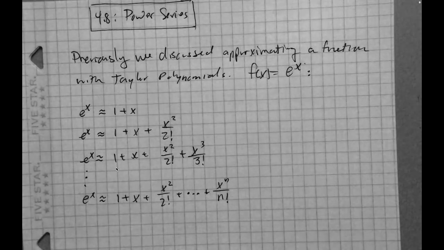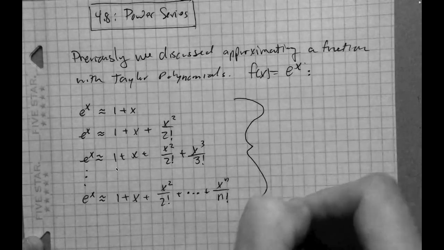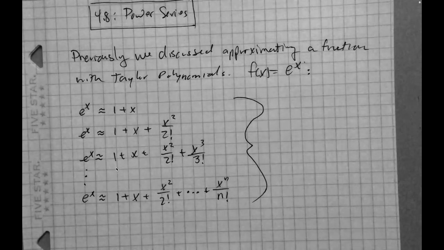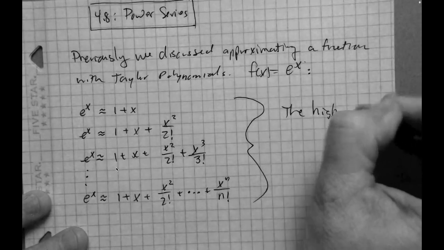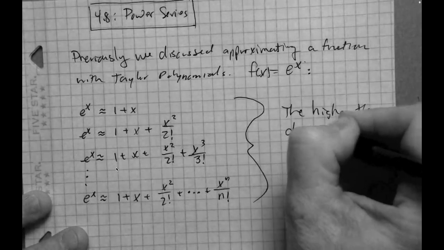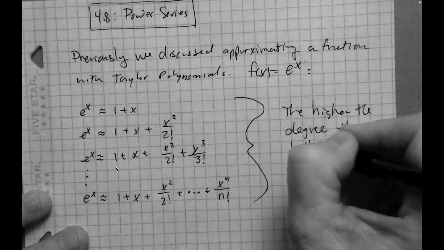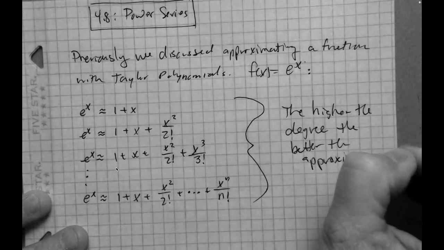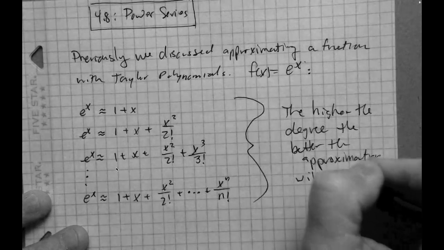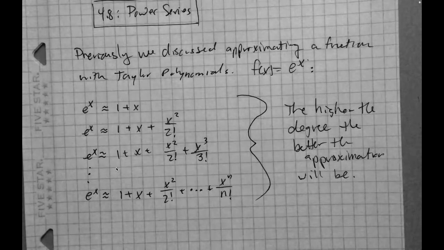And e to the x is one of those functions that when you differentiate it, you get the same function back, so in theory we could have an enormous number of these. And we said that the higher the degree of the polynomial, the better the approximation will be.